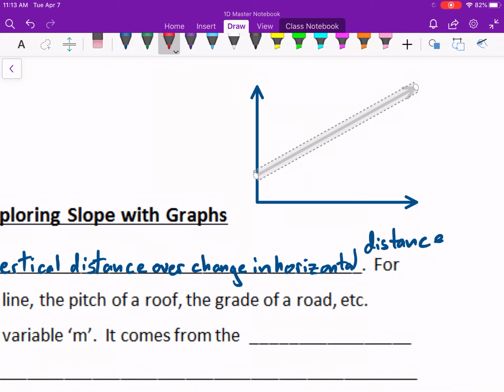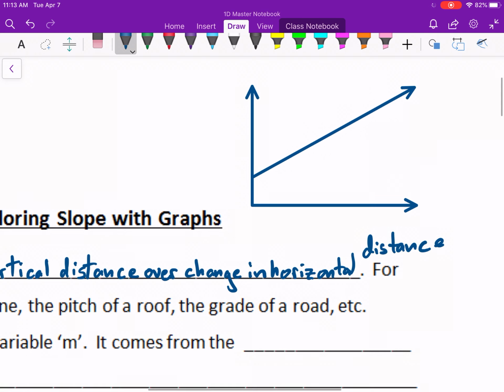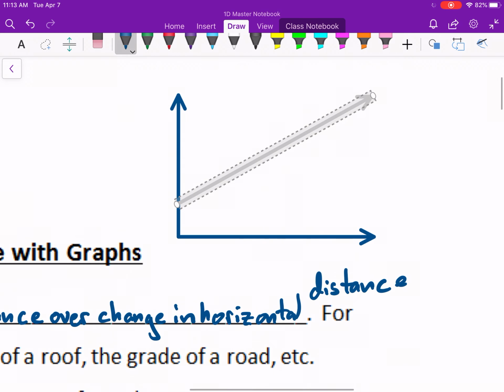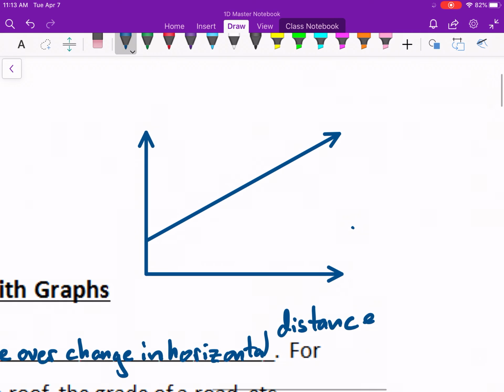So let's zoom in a bit if I can. All right. So in other words, remember, I just defined it as the change in the vertical distance over the change in the horizontal distance. So let's say I started at this point here, and I wanted to go to this point up here.